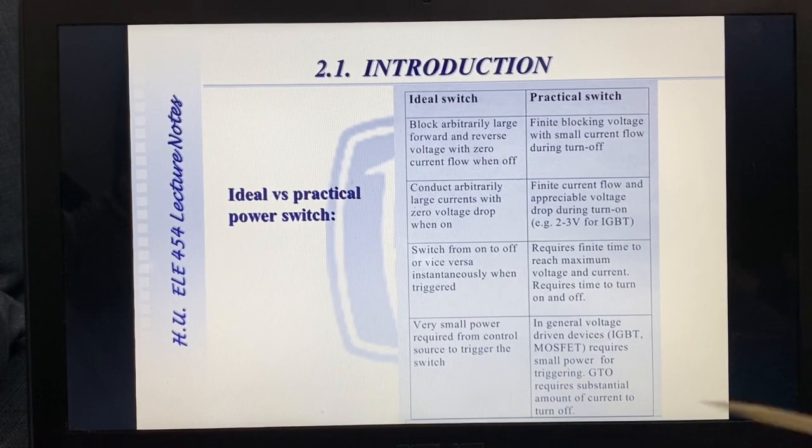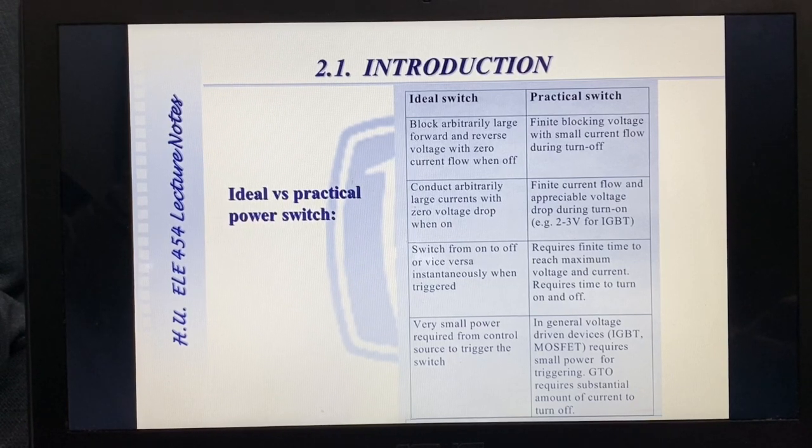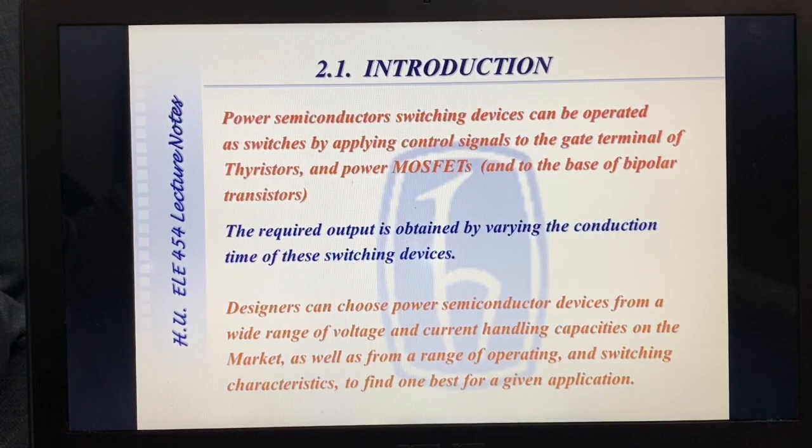They require finite time to reach maximum voltage and current during switching, during turning on and off. And in general, voltage-driven devices like IGBTs and MOSFETs require small power for triggering into conduction, whereas some other types require a substantial amount of current during turn-off. So we will consider all these characteristics.